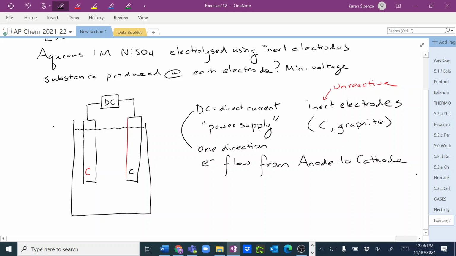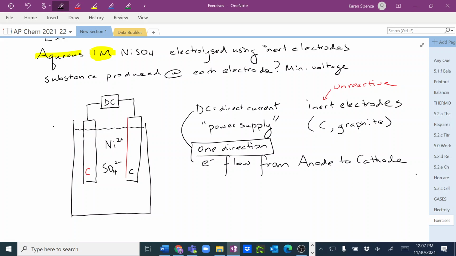All right, this is all beside the point. We need to have that DC power supply. And in our beaker, we are told that we have nickel sulfate, so we have nickel 2+, and we have sulfate SO4 2-. And because it says 1 molar, and also in this case it's really generous to you and it says aqueous, you know there's another substance in there as well.